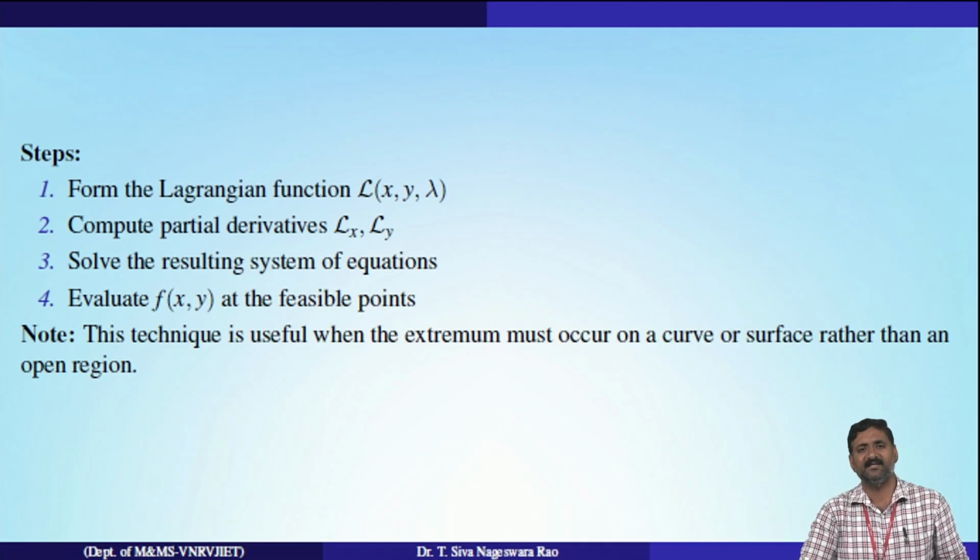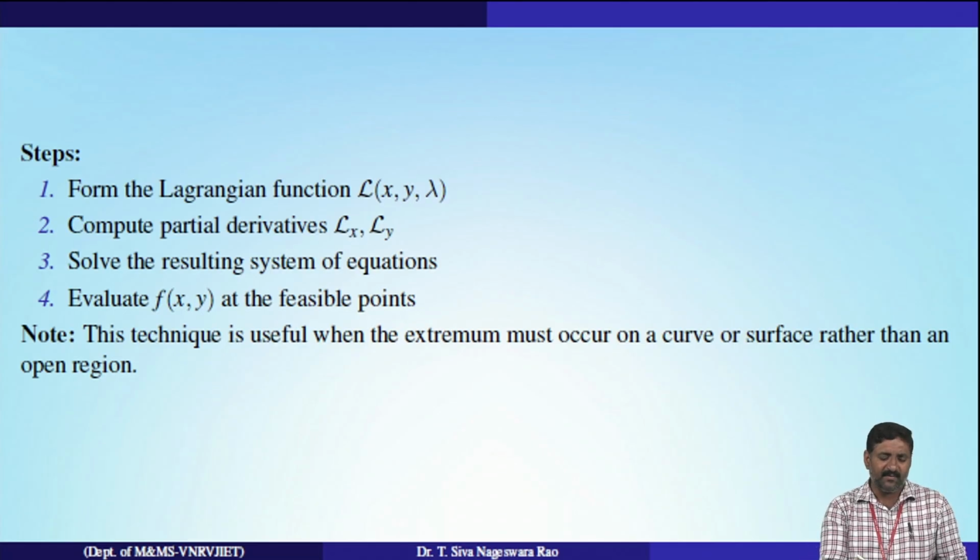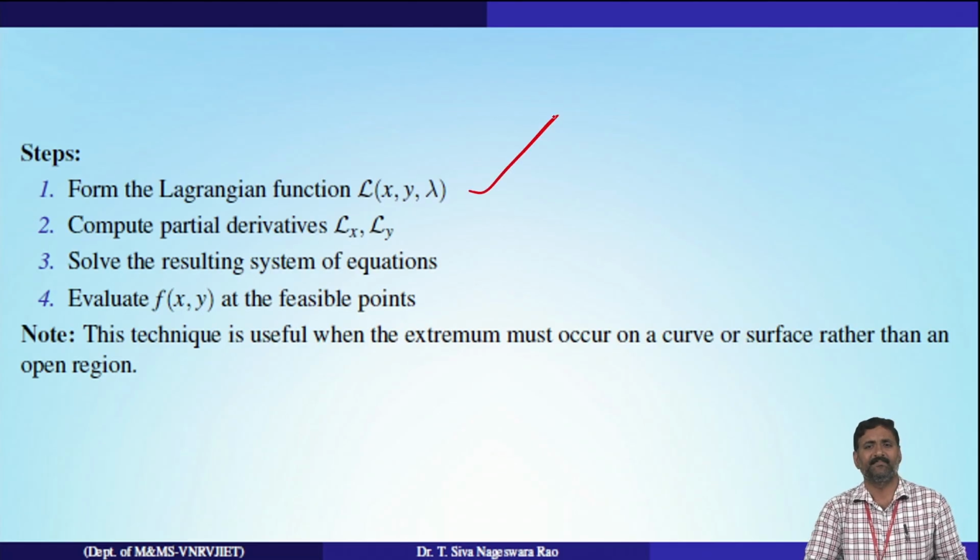Now what are the steps to be followed if you are calculating either minimum or maximum values of the given function by using Lagrange's method of undetermined multipliers? What is step number 1? Construct the Lagrangian function: L of x comma y comma lambda is equal to f of x comma y minus lambda multiplied by g of x comma y. f of x comma y is the given function, g of x comma y is the constraint.